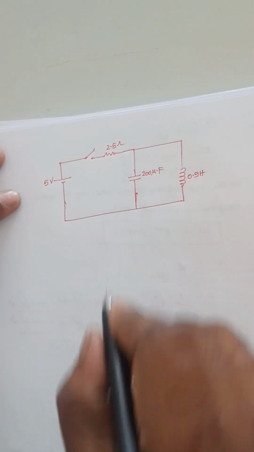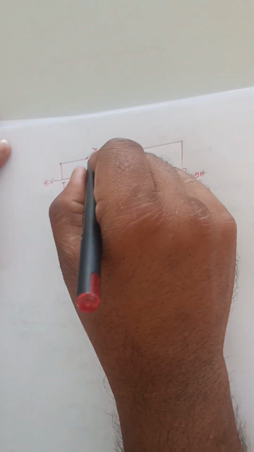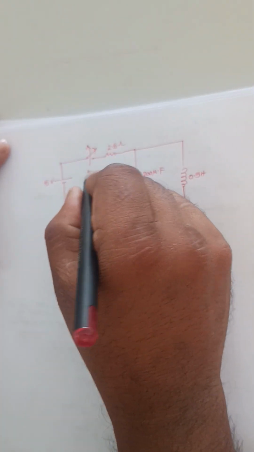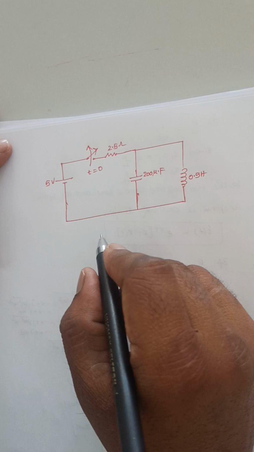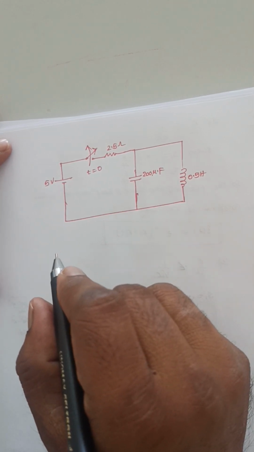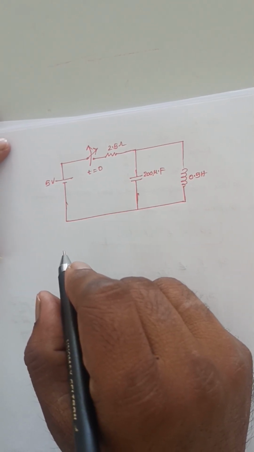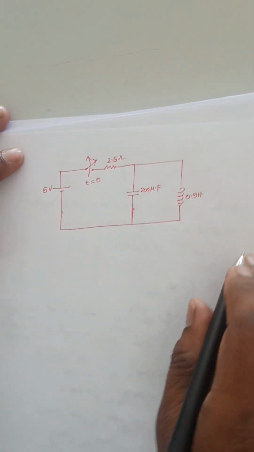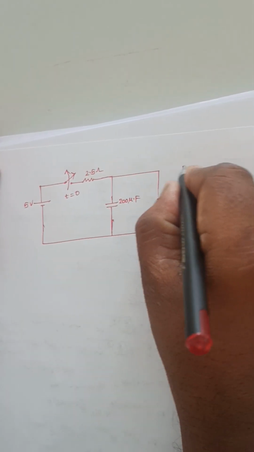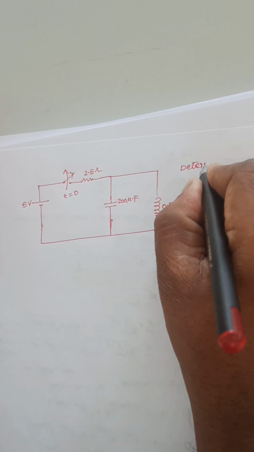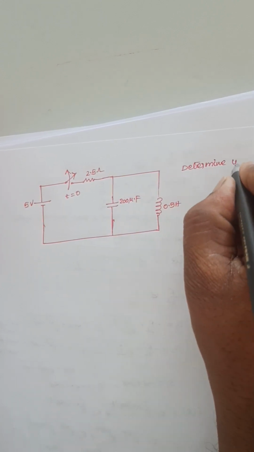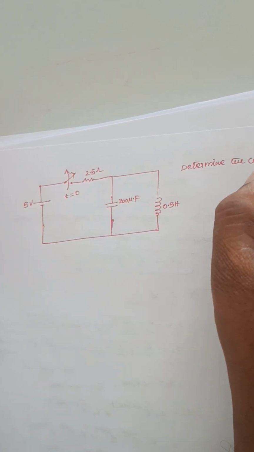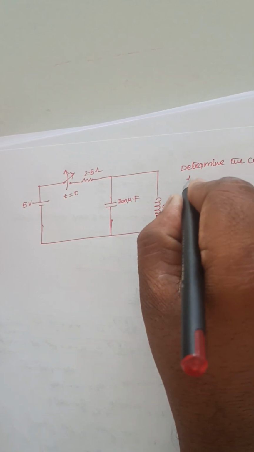So this is the problem, and the switch is opened at t equal to 0. What I need to find here is to determine the current through the inductor.